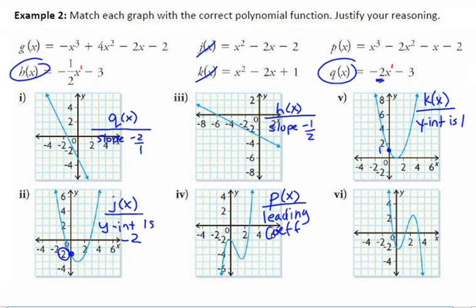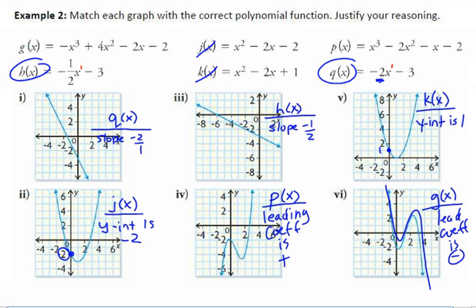If it rises to the right, it's a positive leading coefficient. So that would be P. And last then, G, and why is that? Its leading coefficient is negative. It's negative because it's falling to the right. As we move to the right, it's falling.